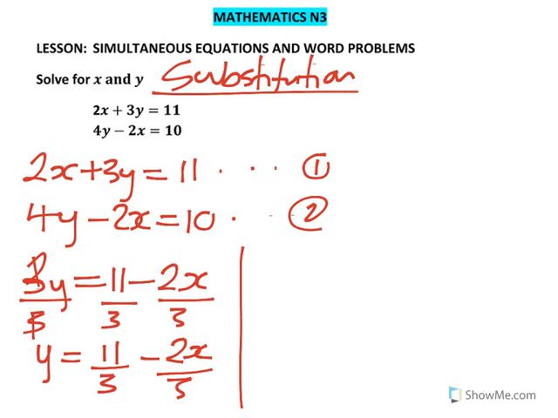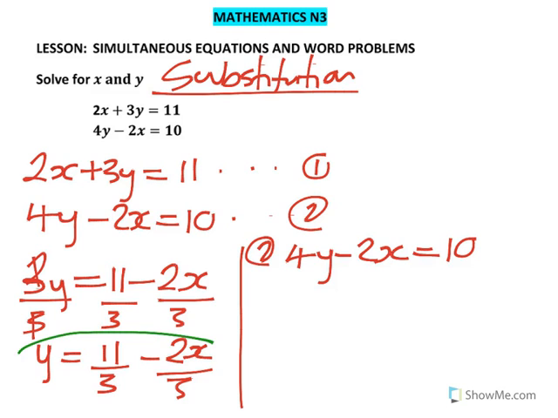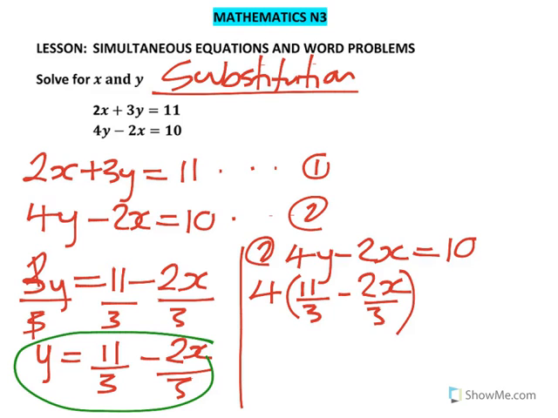Now, since you have got the value of y, remember in equation 2 you had 4y minus 2x is equal to 10. But now you know the value of y. That's the new value of y. So you're going to have 4 bracket 11 over 3 minus 2x over 3, then minus 2x is equal to 10.